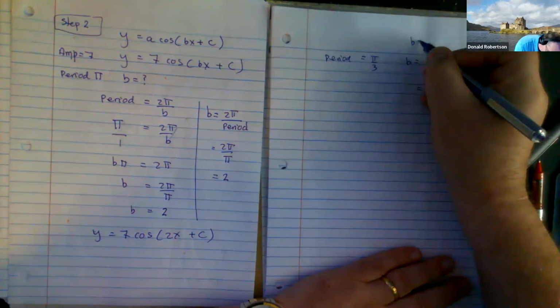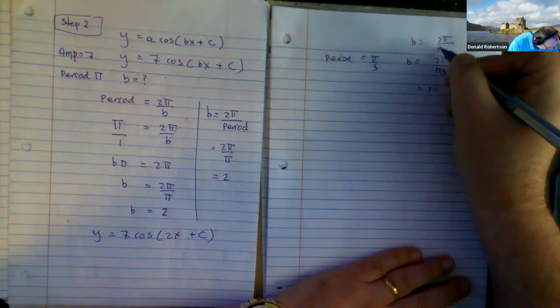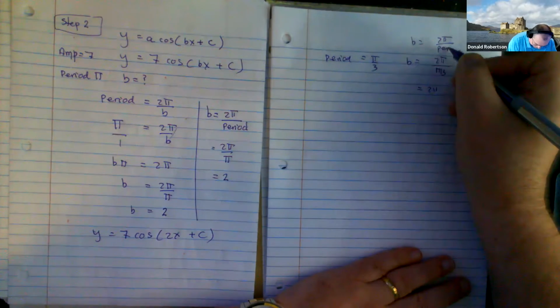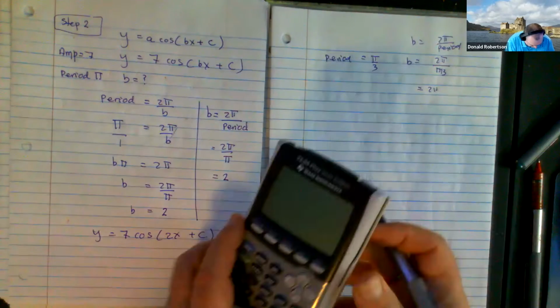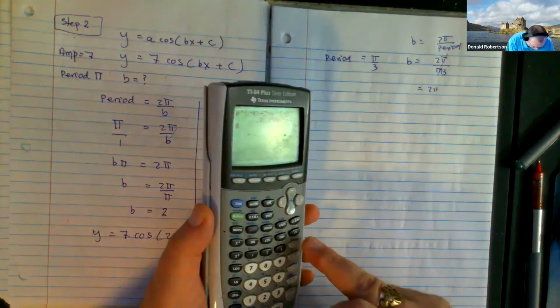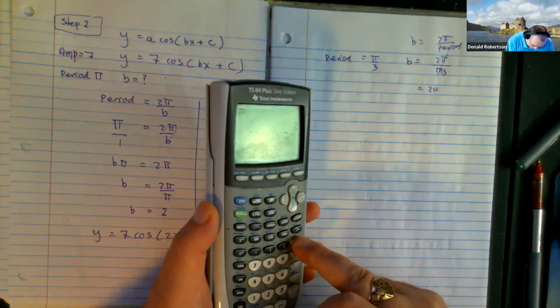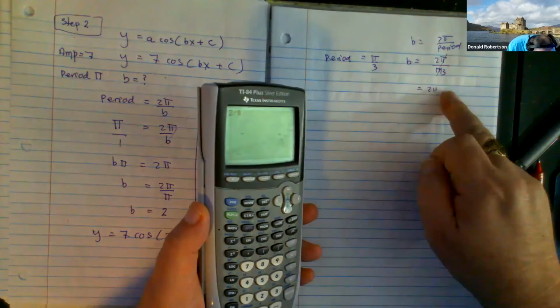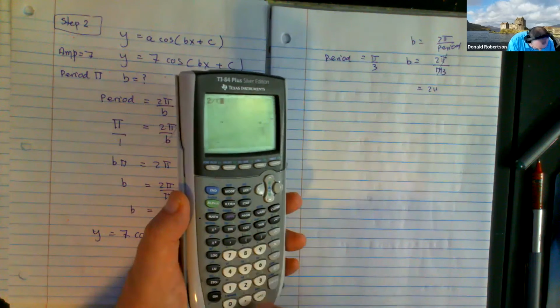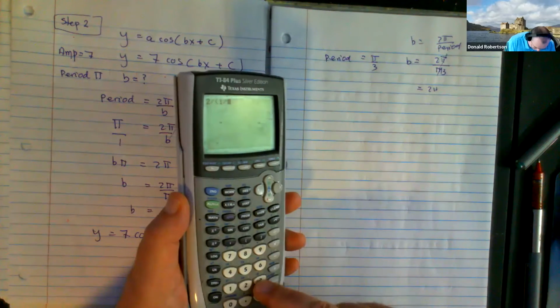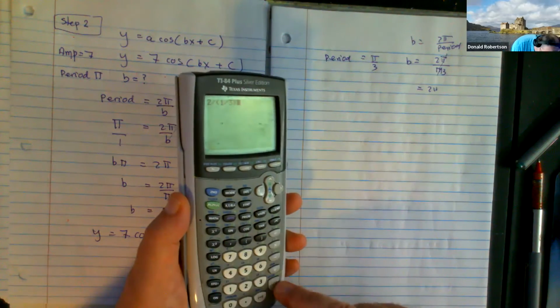And then I go to my calculator, and basically the pi's cancel out, so you don't worry about them. I just say, okay, what is 2 divided by essentially 1/3? Put a little bracket around it for safety. And there we get the answer. The answer ends up being 6.